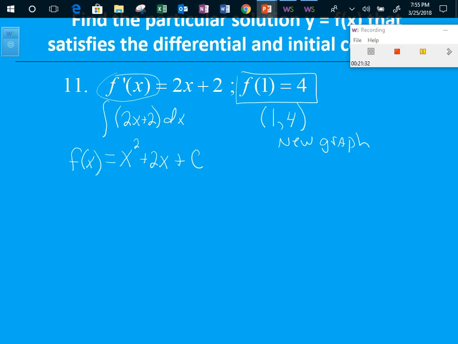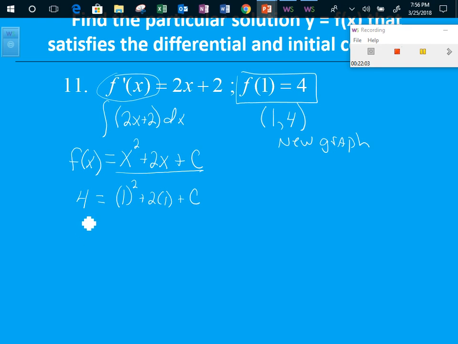So now here's what this means. I now have a parabola as my antiderivative. I want it to go through the ordered pair 1, 4. So now we're going to figure out what c would be for that to happen. So I'm going to plug in 4 in place of my f of x. So I've got 4 equal. I'm going to plug in a 1 wherever there's an x.